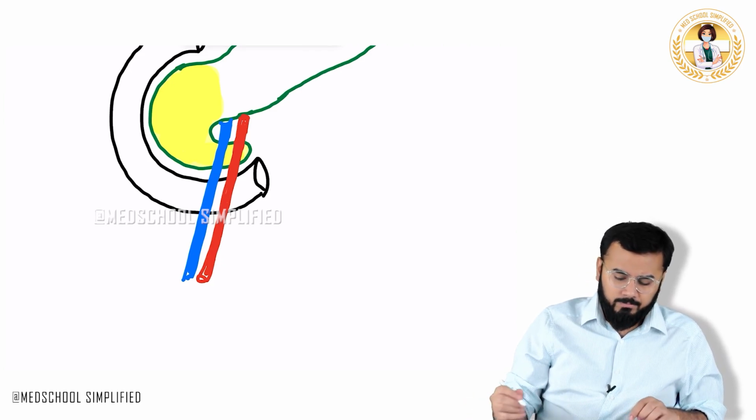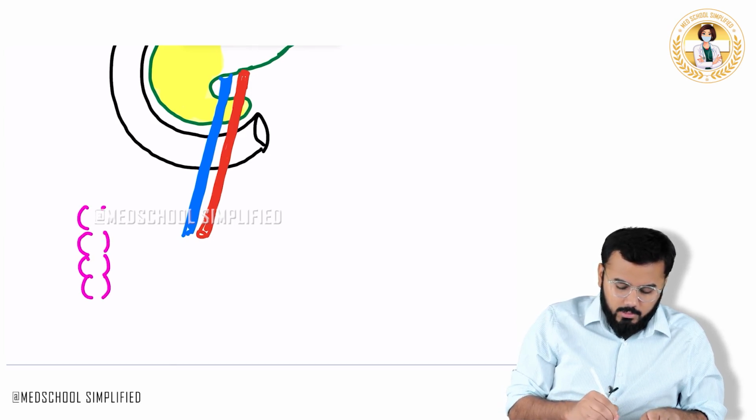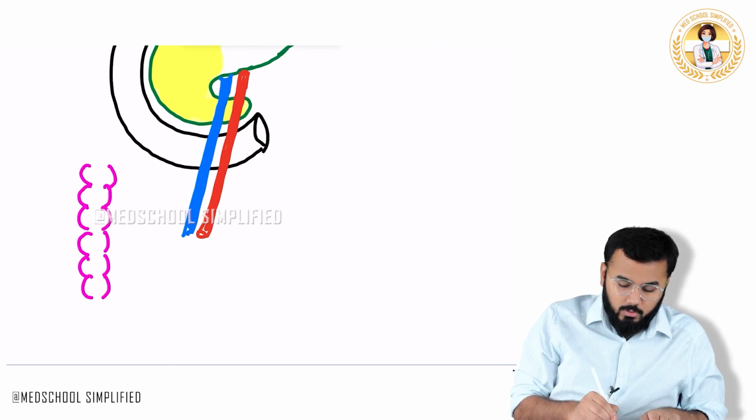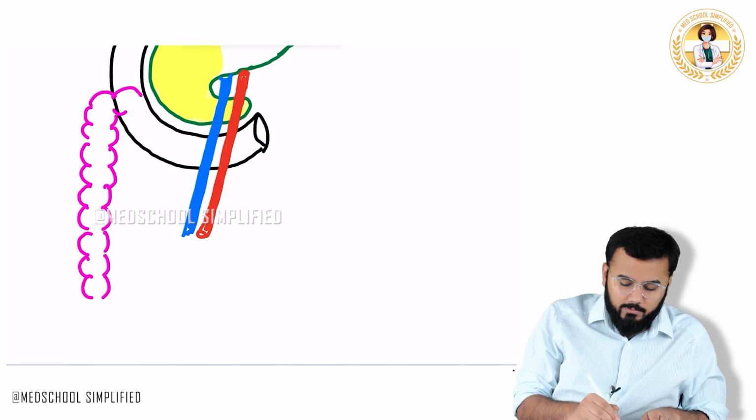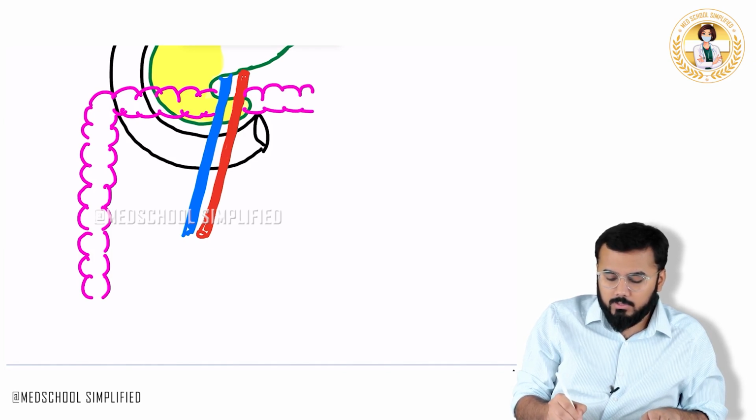Next important thing is that all of you know that here we have the ascending colon. Okay. So this is the ascending colon over here. Now after this ascending colon, here we have the transverse colon. You see this part is called the transverse colon.